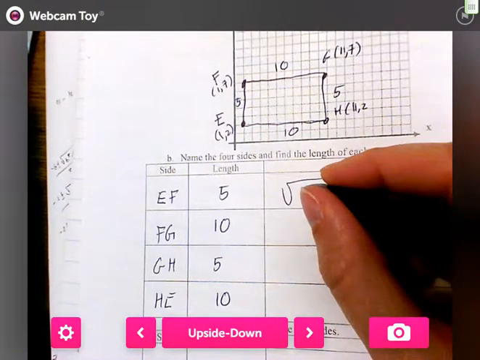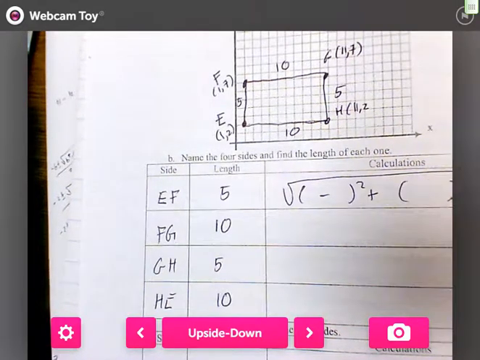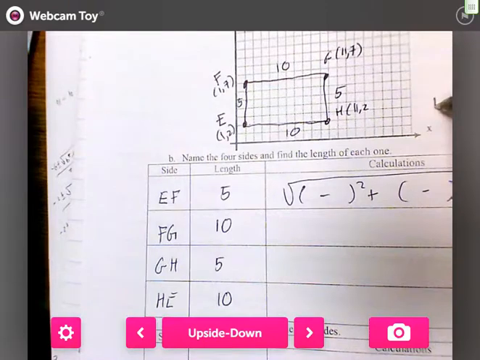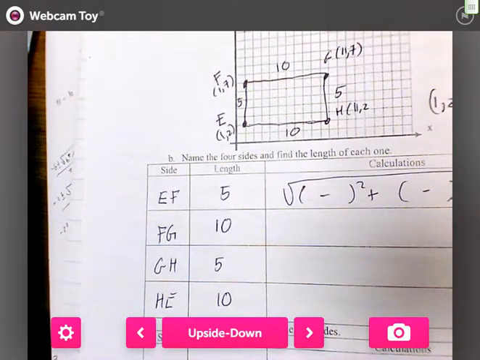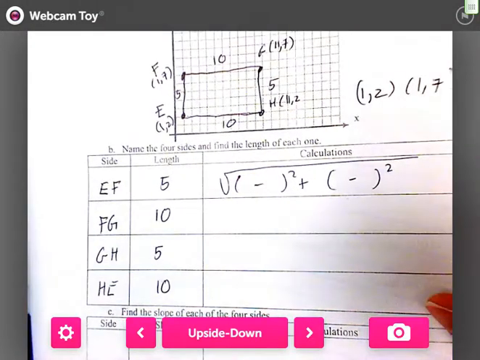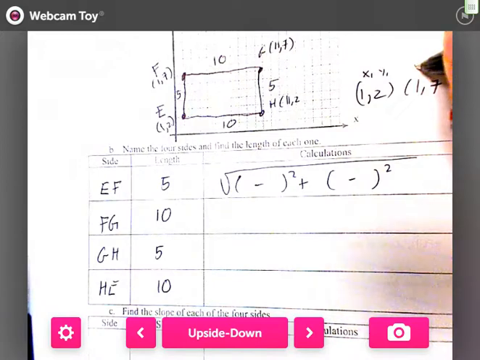Okay? Which looks like this. All right? If we're going to use E, we've got 1, 2, and F is 1, 7. I'm just going to do this one because I want to be able to move on pretty quick here. But this is my x1, y1, x2, y2.